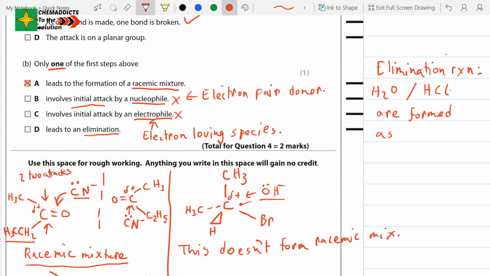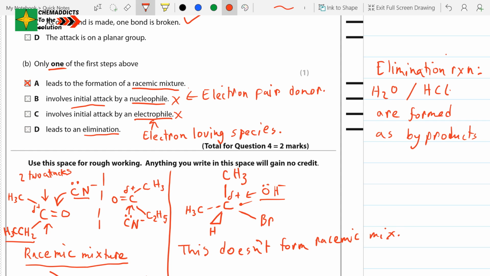Since there is no water or HCl formed as byproducts in this mechanism, this shouldn't be the choice.